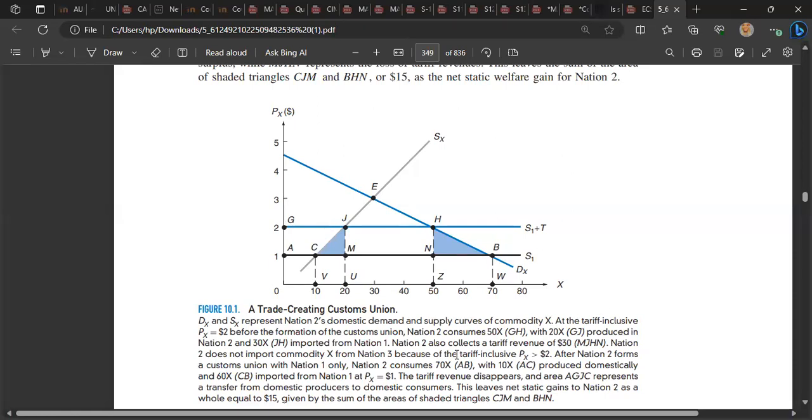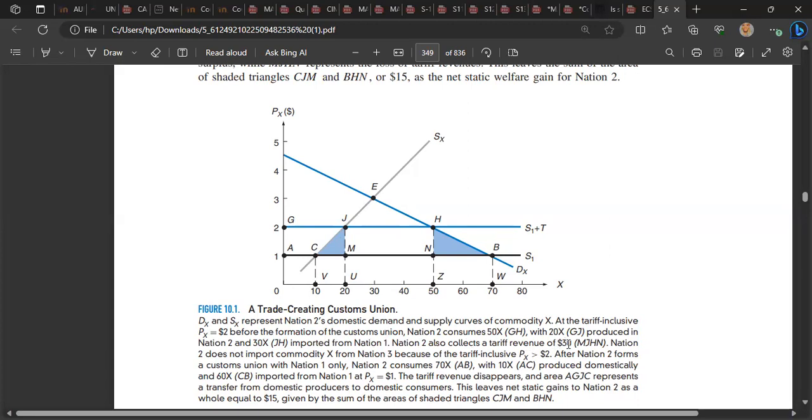What is being imported is the difference between there and there, which is 50 minus 20, so that's 30 tons, I assume, being imported.